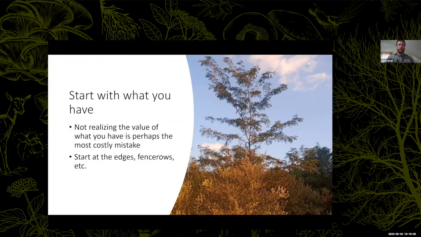Okay, so step 2 that I recommend is to start with what you already have. Planting trees takes time, it takes money, it takes energy, and oftentimes people have trees growing on their property already that are underutilized because the value in those trees is not recognized.